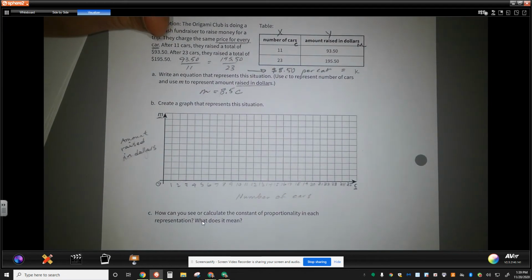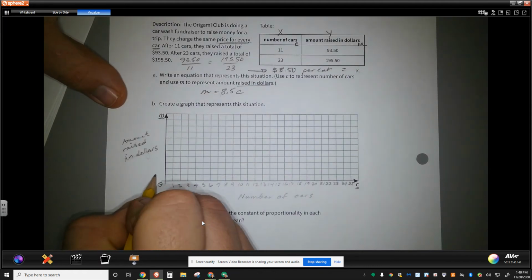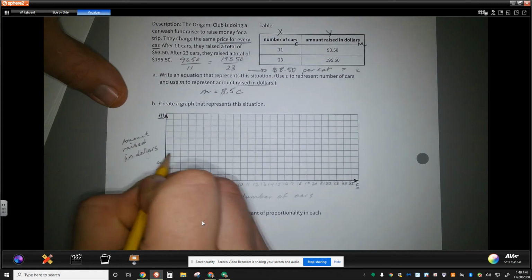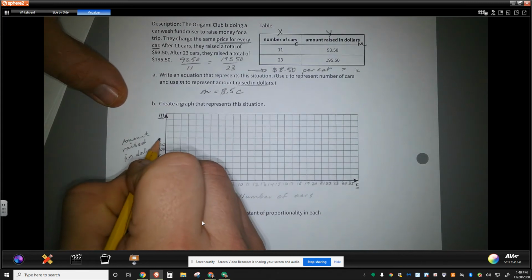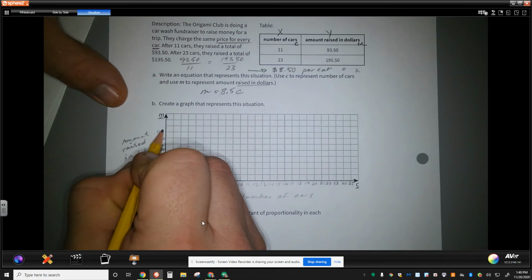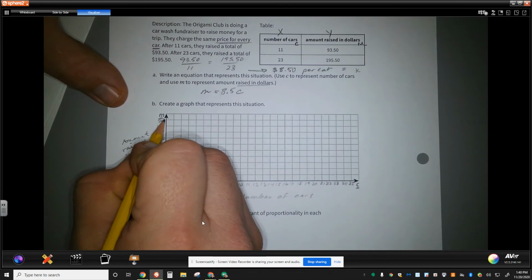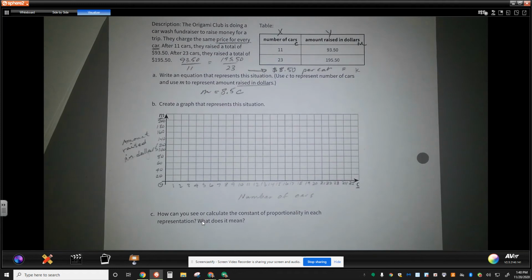So let's think about it along the top here. I think it's more appropriate to go by 20s. That's kind of nice because that actually ends at 200.